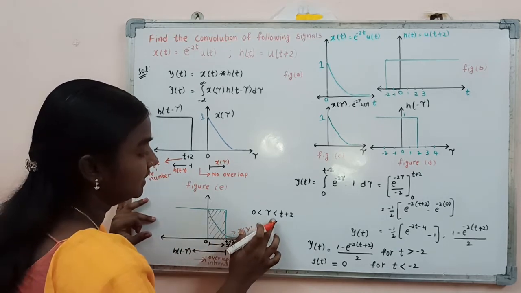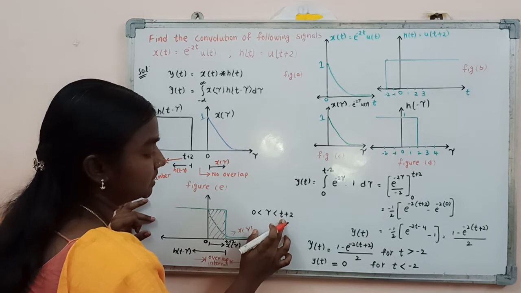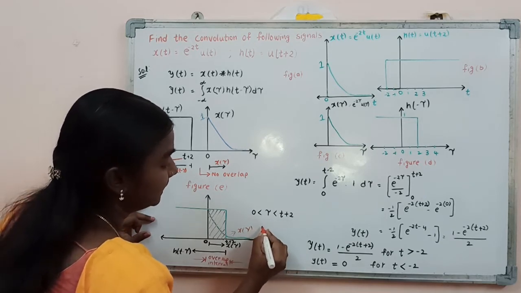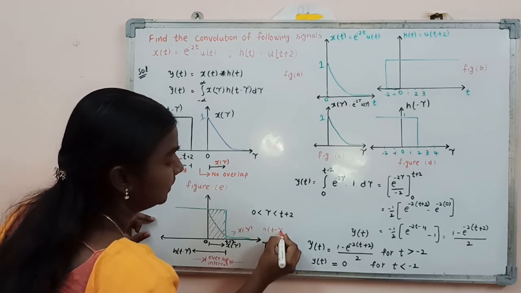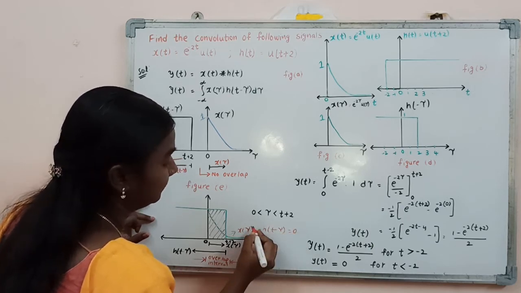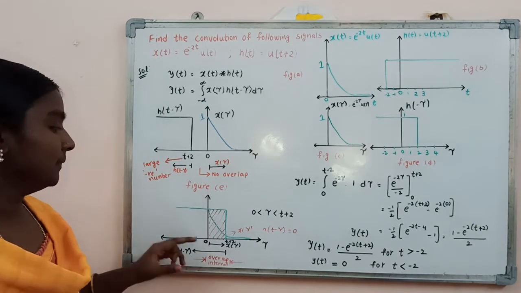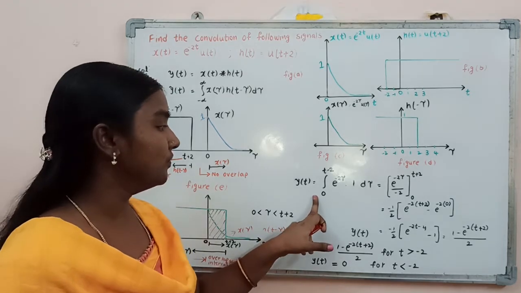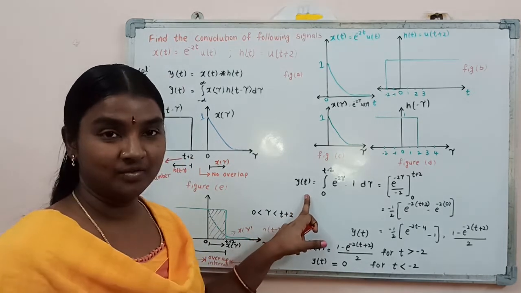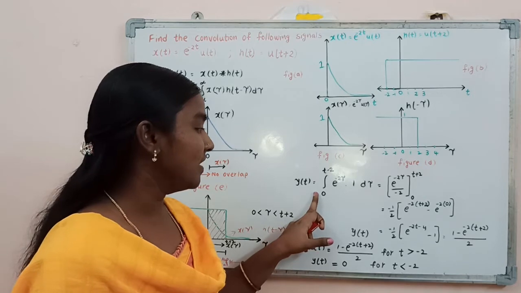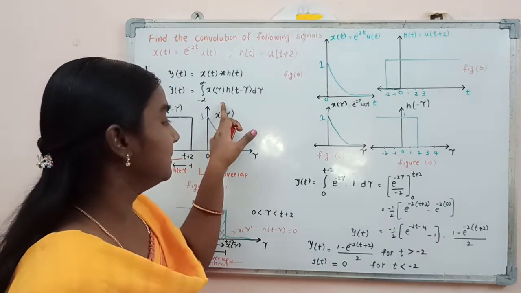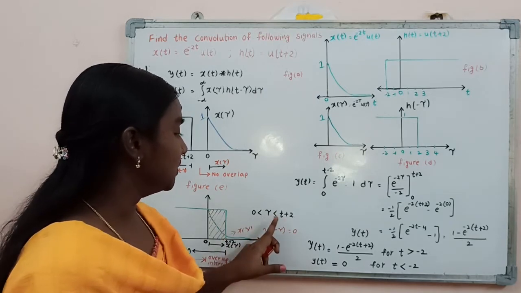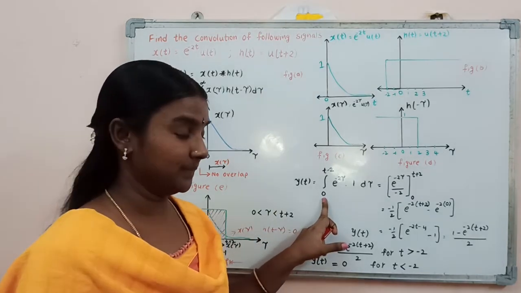And when the tau integration limit is greater than t plus 2, h of t minus tau is 0. With these integration limits, we find the output signal y of t. By using the principle, the integration limits we found, from 0 to t plus 2, we write here.